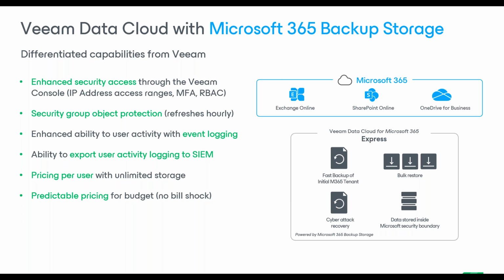With Veeam, we will be able to dynamically see those changes and add those users into your backup job automatically when they join the security group or distribution list. Customers also will be able to export all the user activity logs to their SIEM tools, or other platforms that they are using.